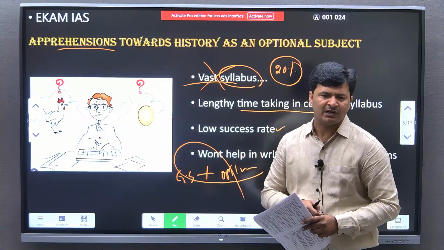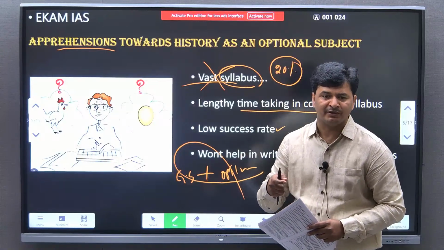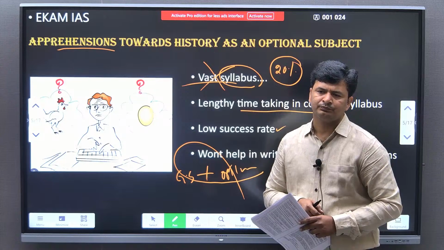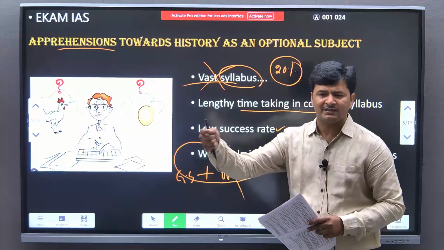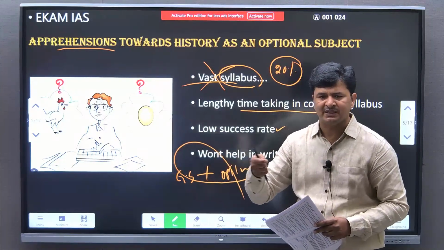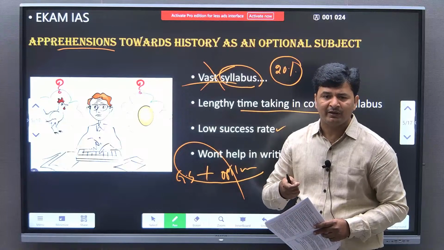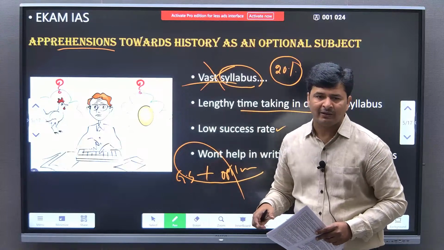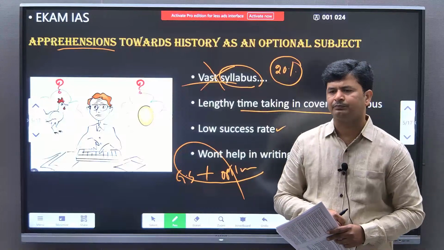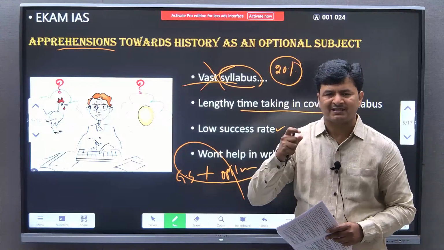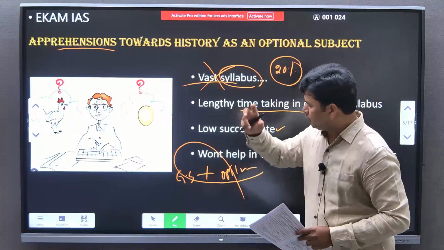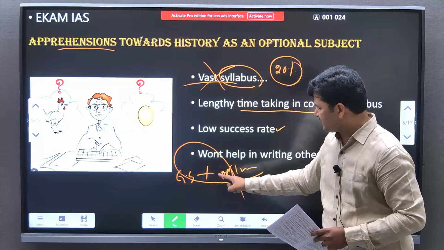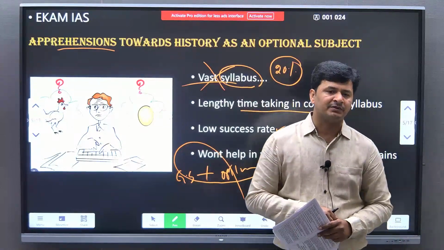In Telugu we generally have a proverb: when asked to do something, saying it's Tuesday. You are bad at some X subject, Y subject, Z subject, but you are blaming some X optional: now because of this optional I couldn't clear it. No. So to get a success rate, you must be good at GS subjects and at the same time the optional subject.